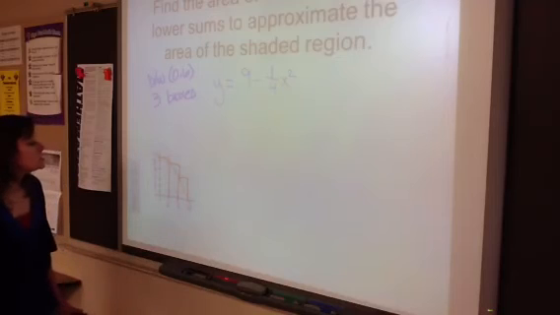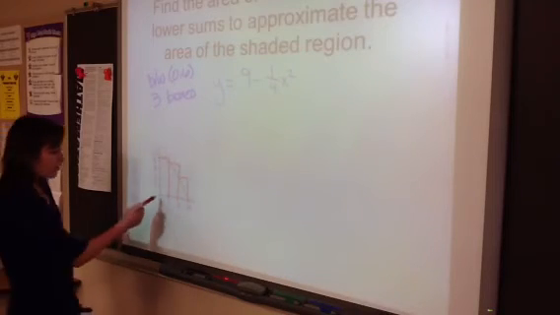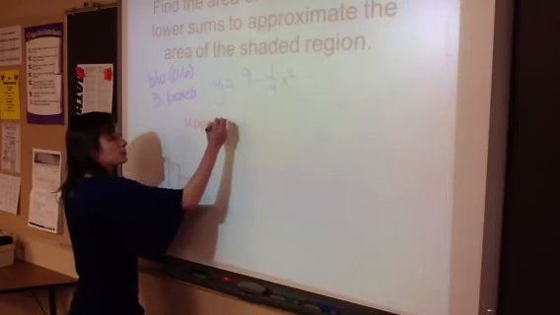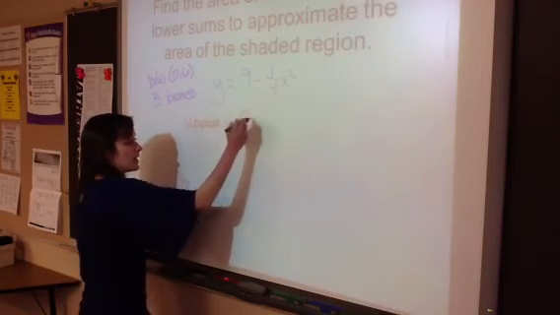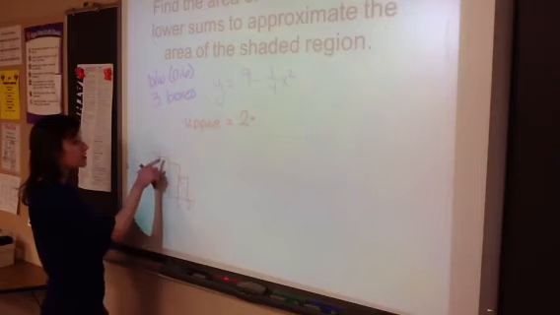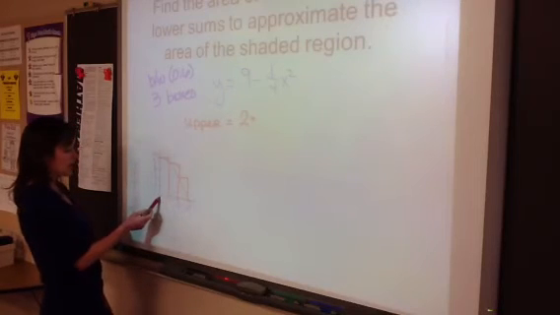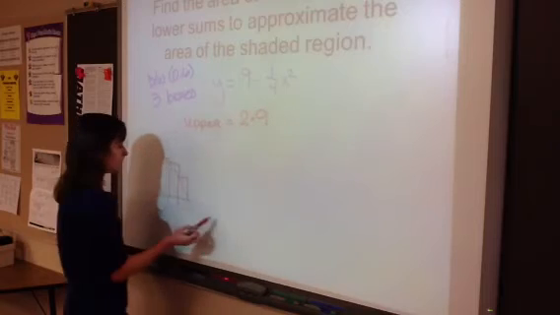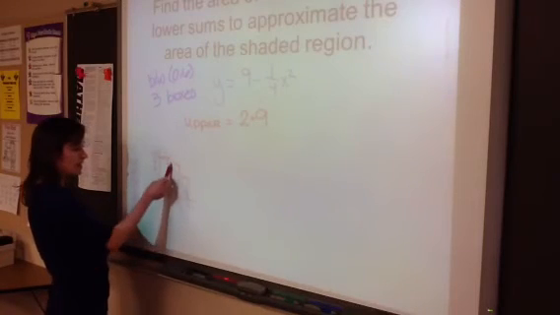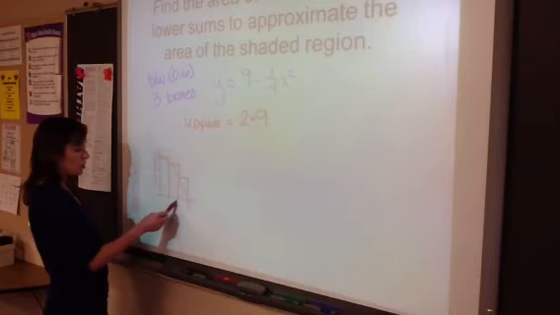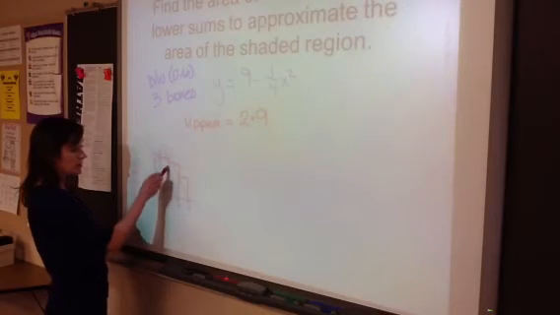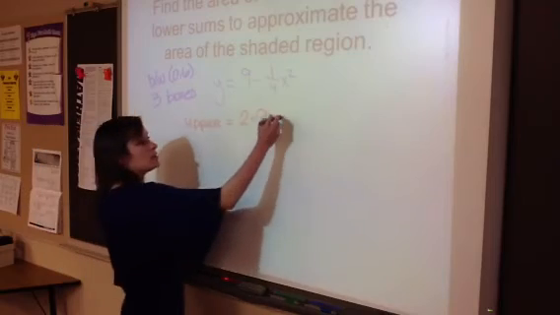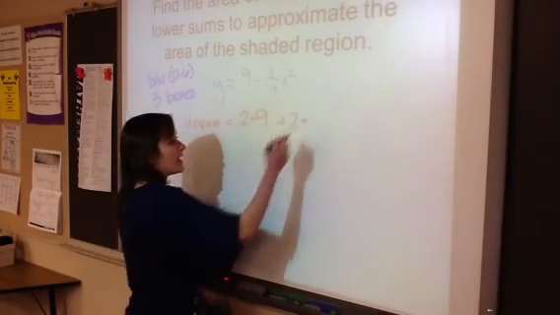So our upper is going to be equal to 2 times, what's the height of that first box? Well, plug in 0, and you will find that it is 9. For the height of the second box, you plug in 2, because that's where the red line touches the graph. So if we plug in 2, we get 8.